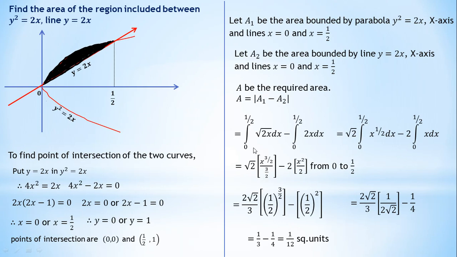So after getting proper definite integration here, we get the area which is bounded between the two curves y square is equal to 2x and the line y is equal to 2x is 1 upon 12 square units. So see this carefully. Okay.